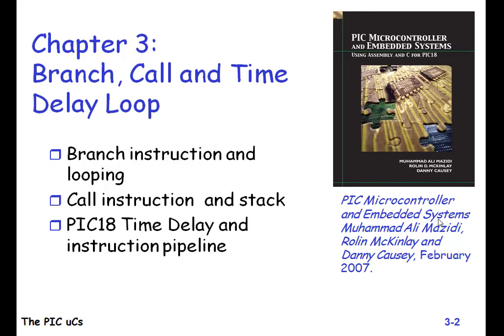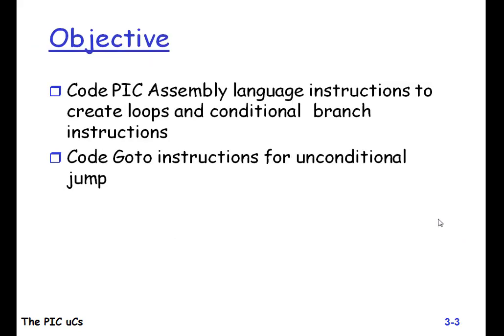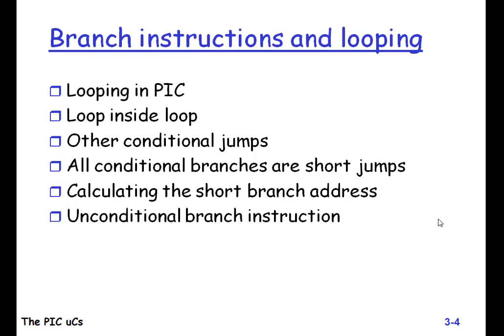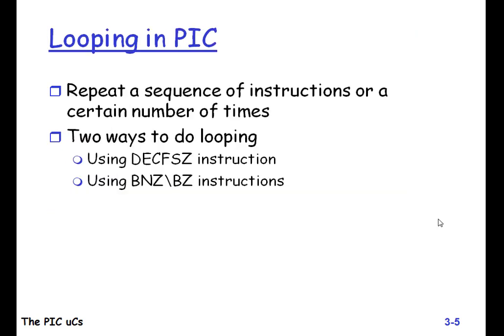So branch instructions and looping, call instructions and stacking, and PIC time delay and pipelines. Some objectives we will discuss are branch instructions, looping, GOTO instructions and unconditional jumping, and looping inside the PIC, conditional jumps, branches and short jumps, and their addresses and instructions. Looping in PIC.